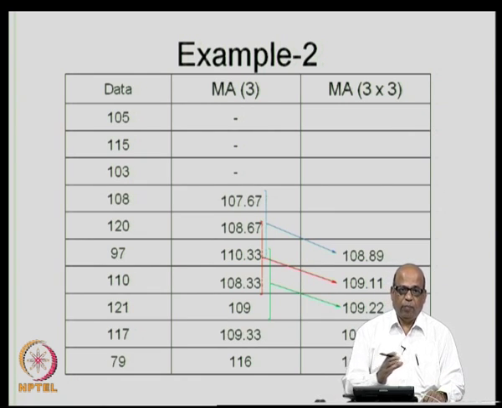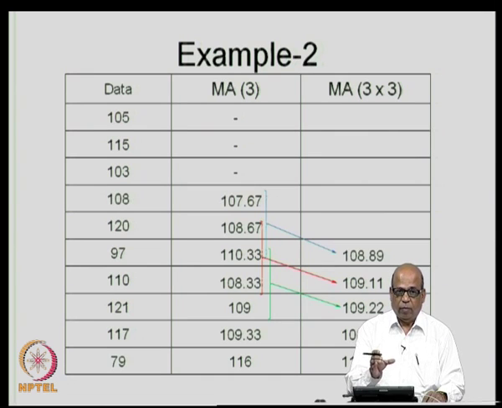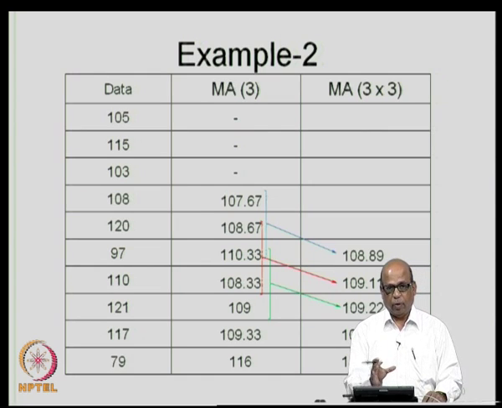One is simply take all the historical data, take the average, and the average as computed thus would be taken as the forecast for the next time period. Next level, we take the moving average of the first order, where we fix the time window, always take the data for those number of time periods, take the average and then put it as the forecast for the next time period.